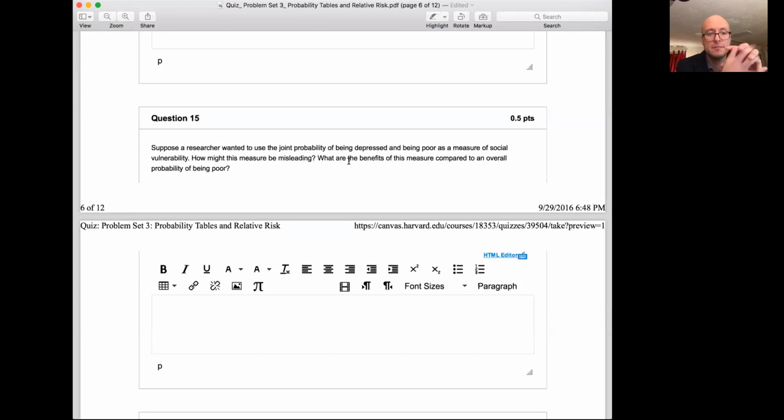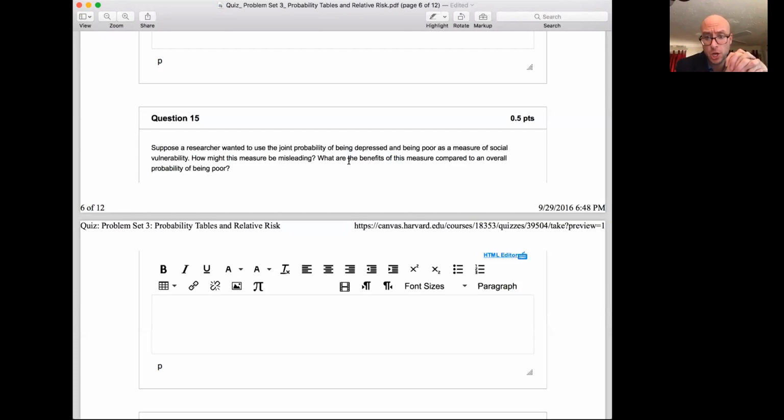The joint probability of being poor and being depressed is overall small because it compares poor and depressed to the overall sample, to the overall population, which includes the non-poor. So it's going to look small. Okay, well, that's why it would be misleading.